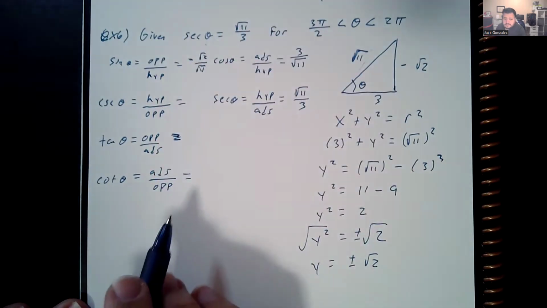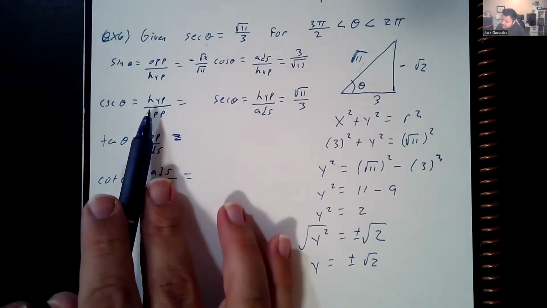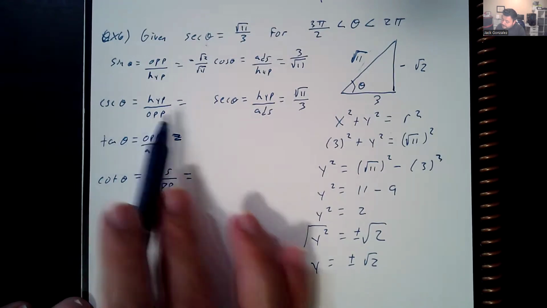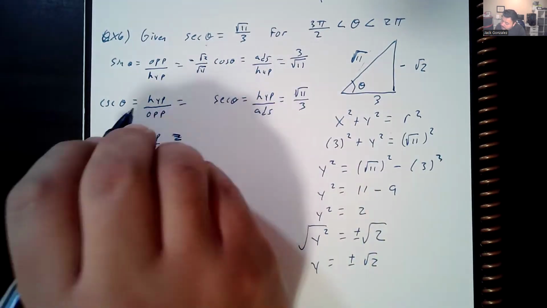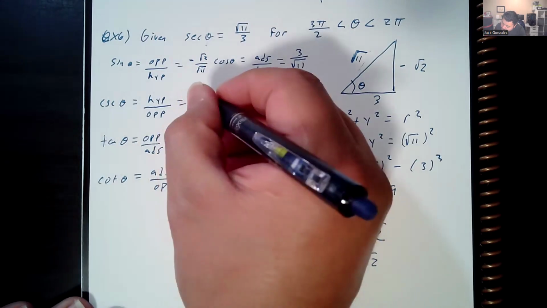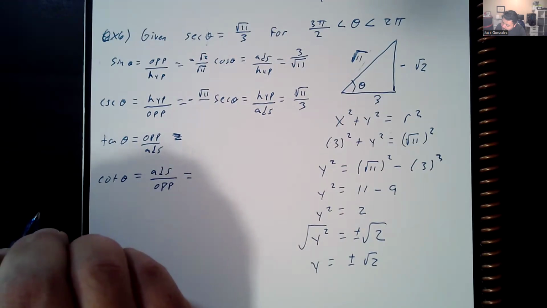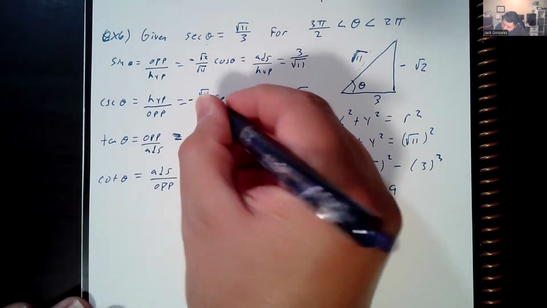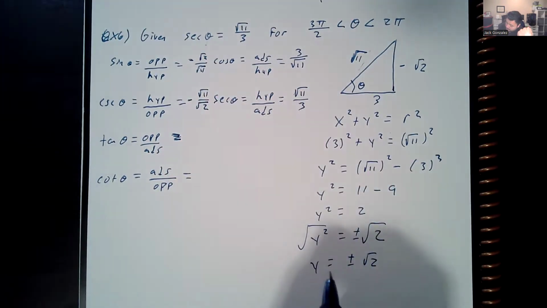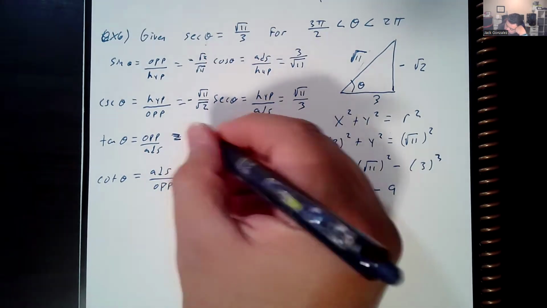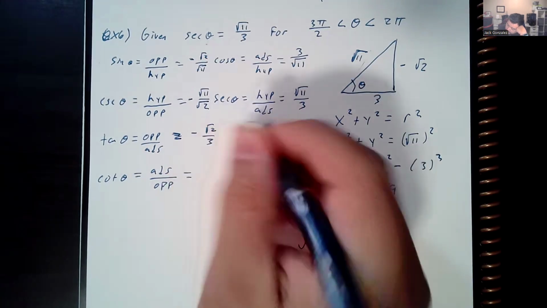You should rationalize that, but we're not going to. Cosecant, hypotenuse over opposite, that would be negative. Tangent would be opposite over adjacent, so negative root 2 over 3.